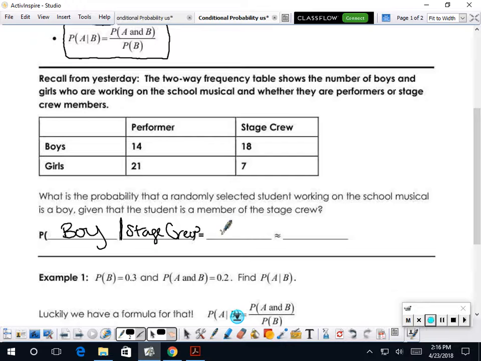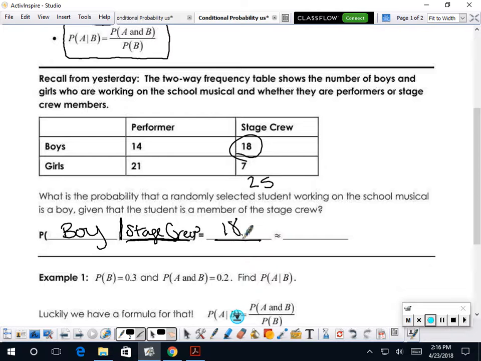On the top of my fraction, I want the probability of boy and stage crew. Okay, so I go on my table to boy and stage crew, which will be 18. Out of the bottom number will be the total number for the second half. So the total number for stage crew, 18 plus 7 gives me 25.